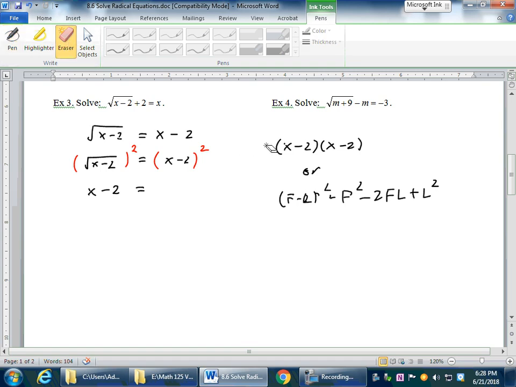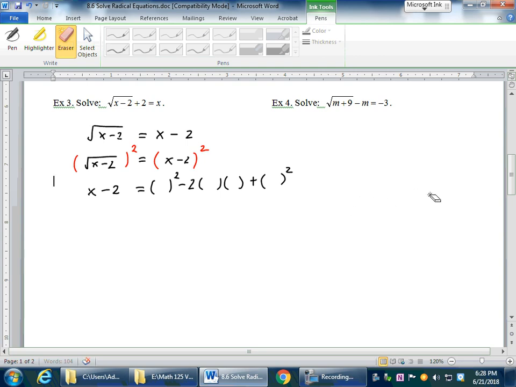Now I would like to use the shortcut formula, because that is faster for me than FOILing. But if you are more comfortable with FOILing, always do that on the side and then write back the answer. So this will be x squared, minus 2 times x times 2, and then 2 squared. So that gives me x minus 2 is equal to x squared minus 4x plus 4.